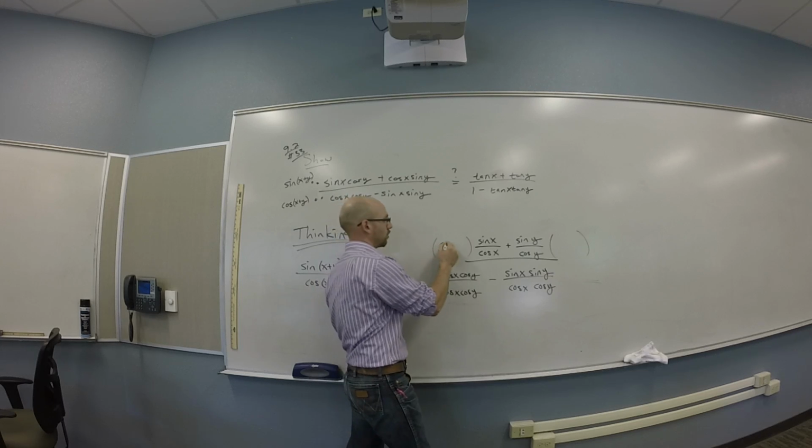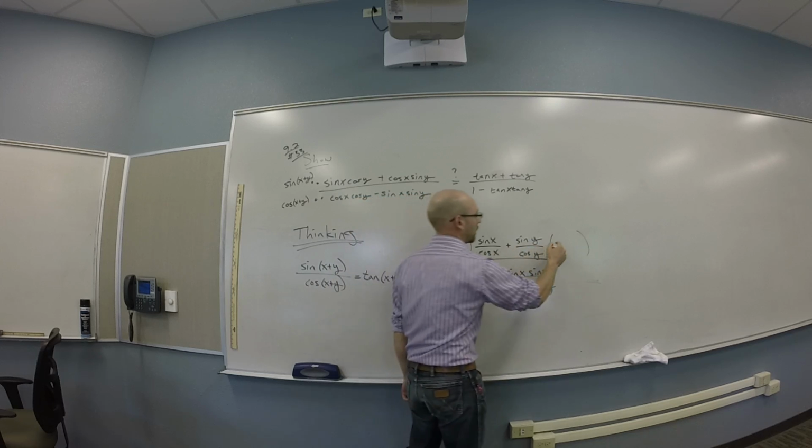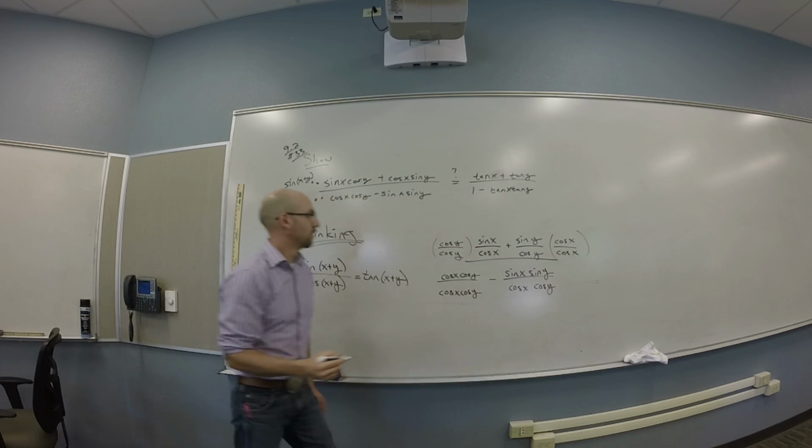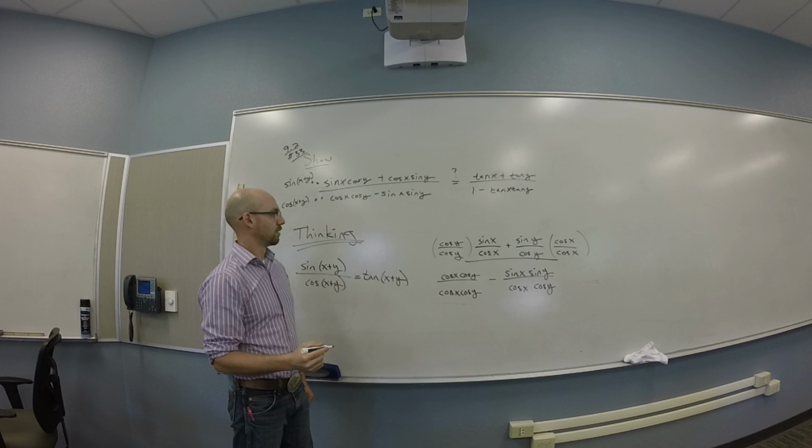First one needs a cosine y, top and bottom. This guy needs a cosine x, top and bottom. Okay, so I got, you guys see it?